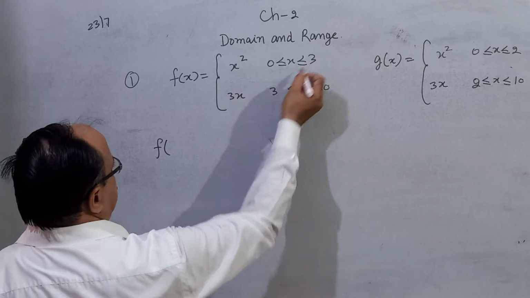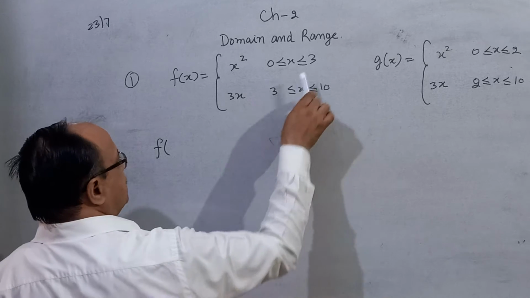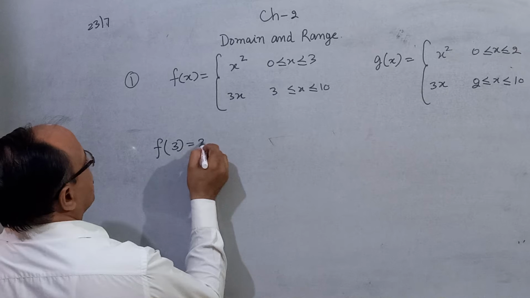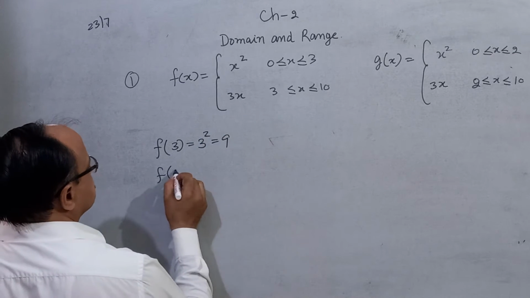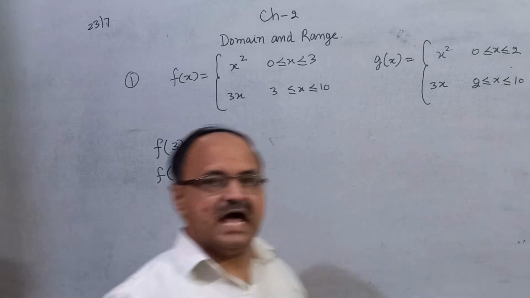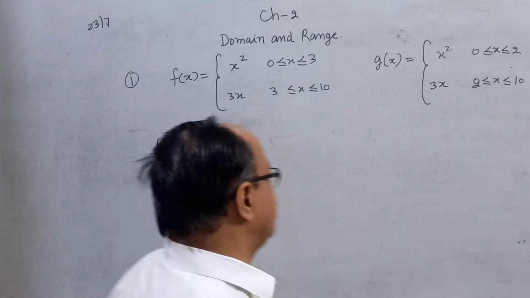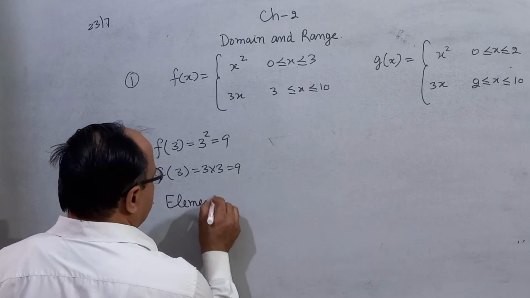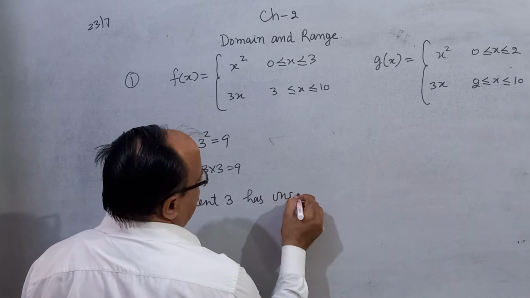3 is the critical point in f, and 2 is the critical point in g. So we have to put 3 in the function. Put 3 here: 3 square, that is 9. And put 3 here also: 3 into 3, 9. It means element 3 has a unique image.